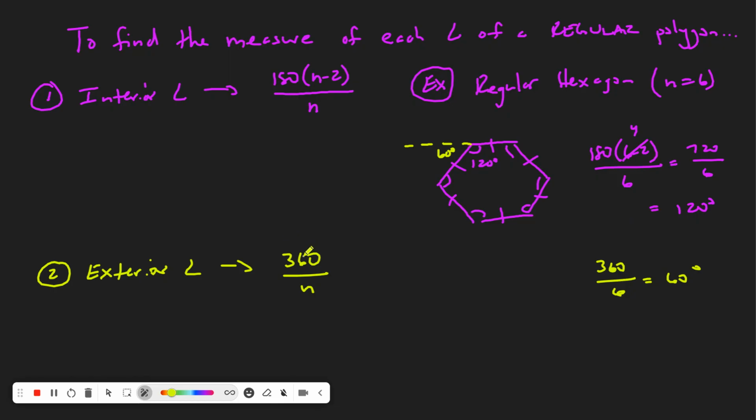On any polygon, whether it's regular or not regular, notice the interior and exterior angles. They are supplementary. That reinforces the idea we talked about with the triangles. So your interior angle plus your exterior angle is always going to equal 180 because they are supplementary. And there you go.